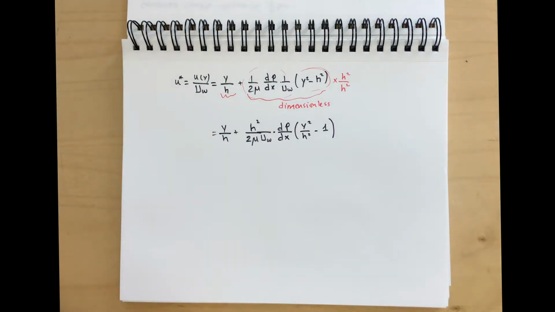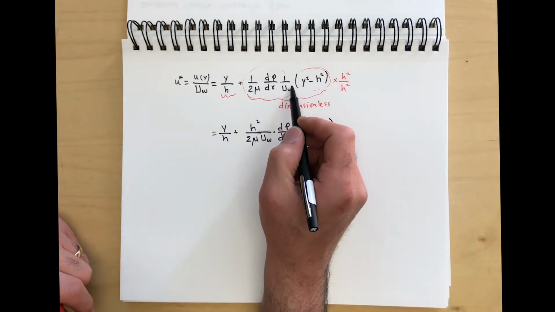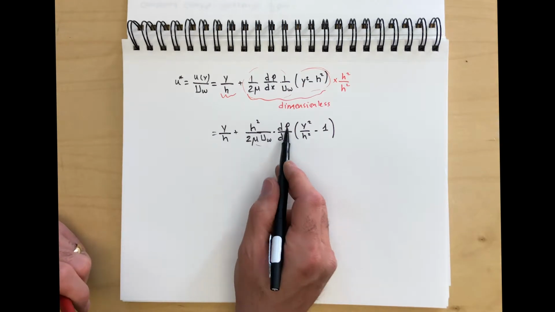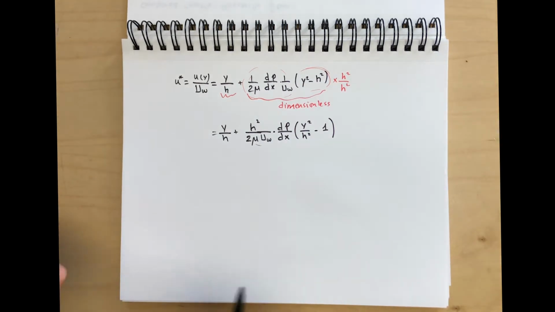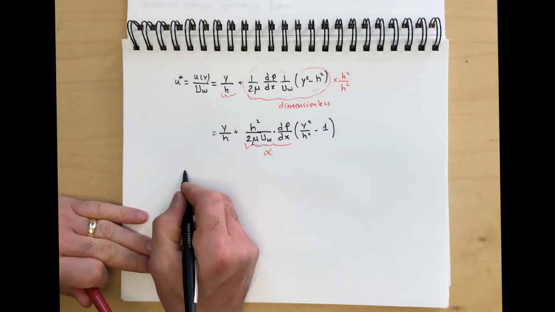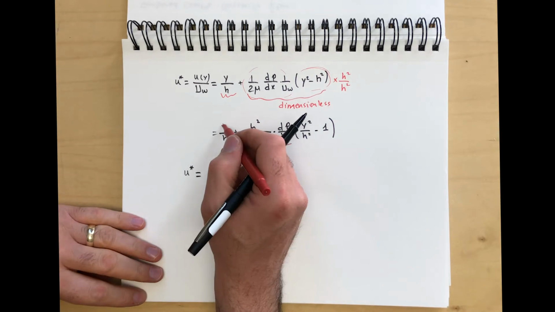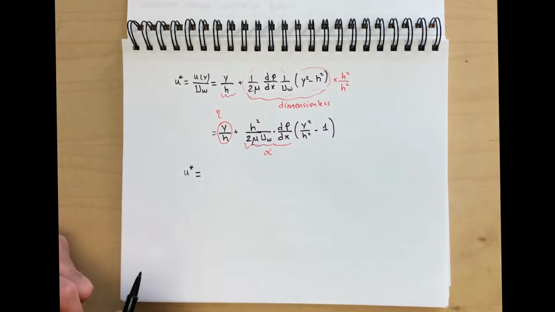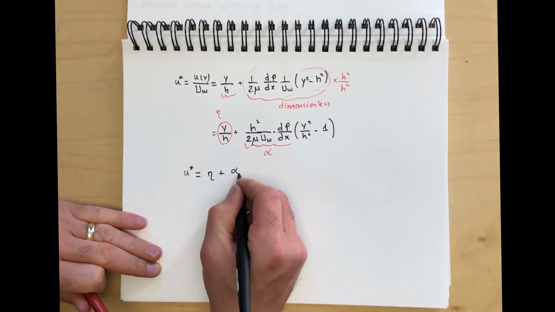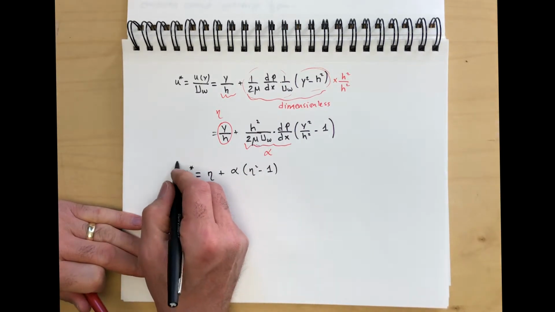We multiplied and divided by h squared, and we took h squared inside. So you can verify that this is a dimensionless quantity, and I'm going to call this alpha. So u star is, now what if we call y over h eta? So that becomes eta plus alpha times eta squared minus 1.